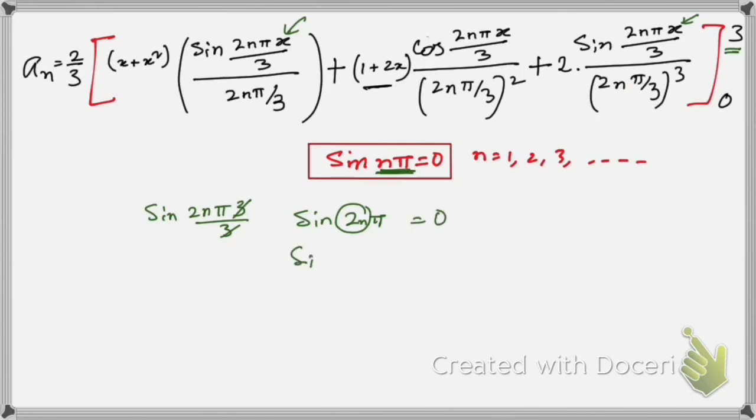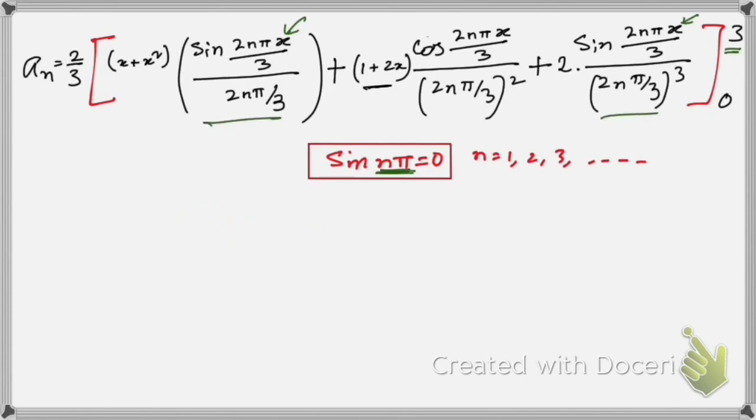And when you put the lower limit 0, then this whole thing is going to be 0, so sine 0 is again 0. So that's why we're going to ignore these two terms containing sine, because these two are going to be 0, right? So we're going to deal with only this term, the term consisting of x only, right? So now let's put the upper and lower limit.